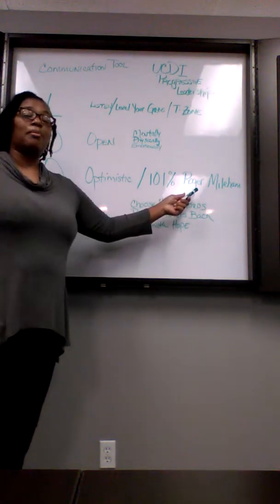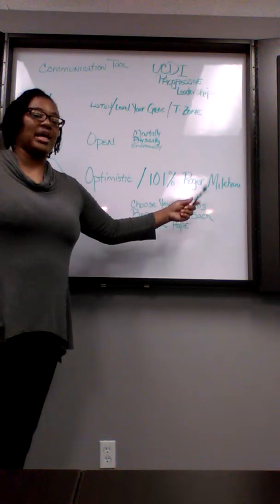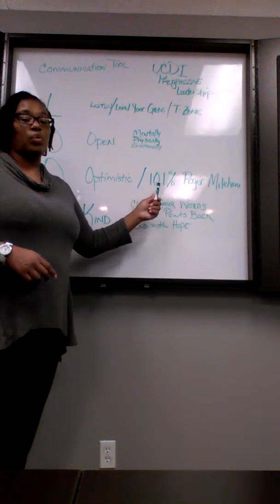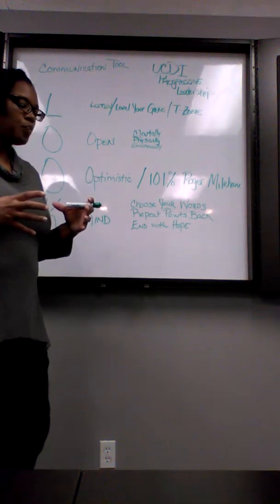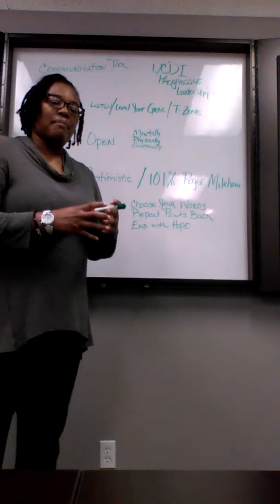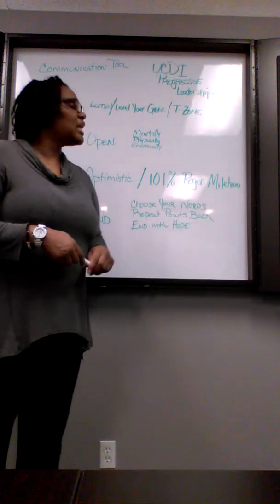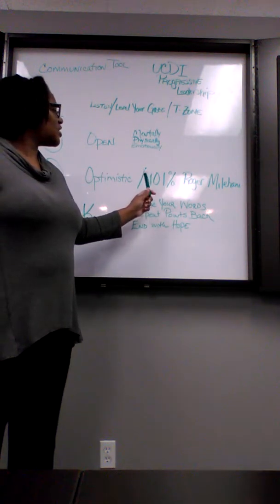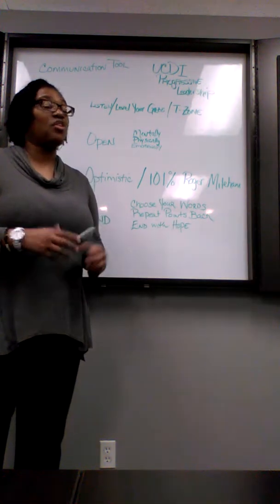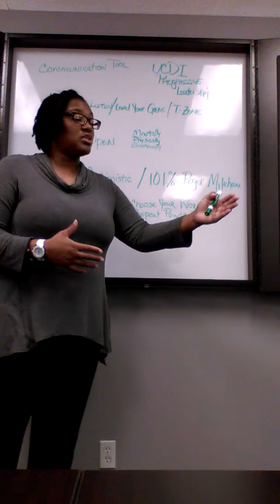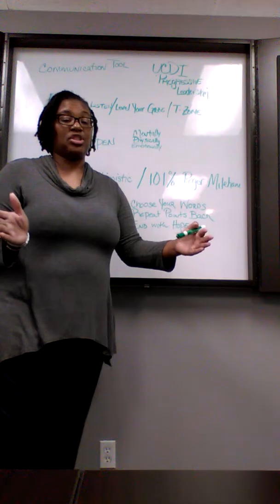There's a gentleman named Roger Malum down near Atlanta, Georgia, and he talks about the 101% principle. He said, if you're going to have a conflict management type of meeting with someone, find something that you both agree on 100%, whether that's both of you are glad this person has a job and you want them to keep the job.